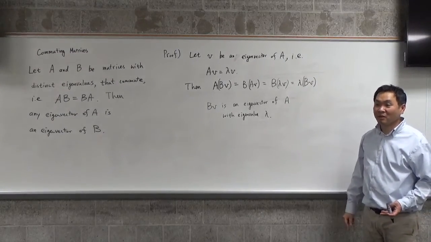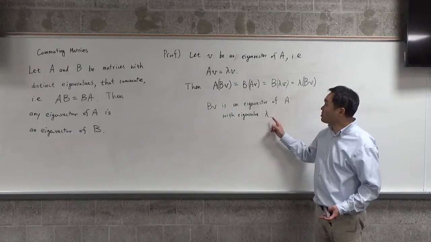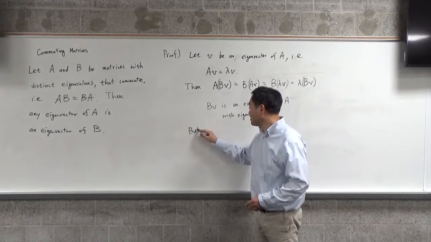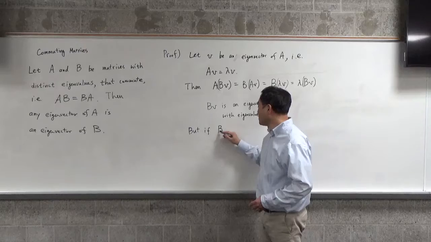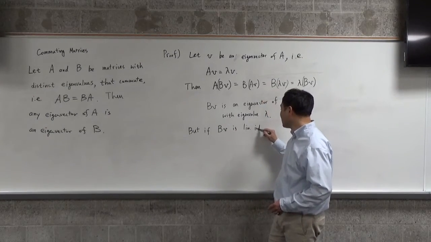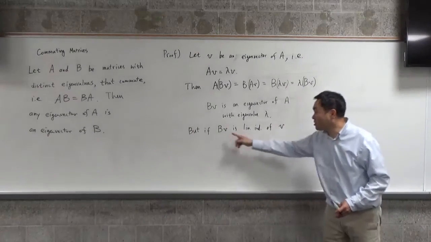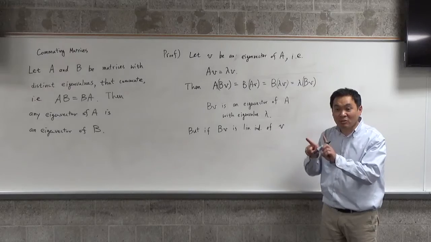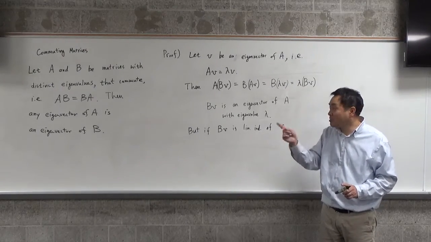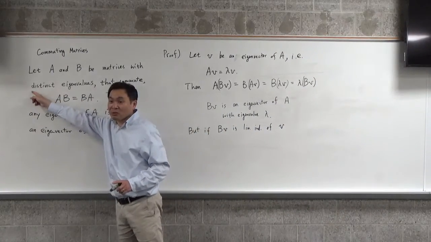Uh-oh, that's bad. Why? Because if BV is linearly independent of V, right? If these are pointing in different directions, then now you have two distinct eigenvectors with the same eigenvalue, which violates this principle, right?